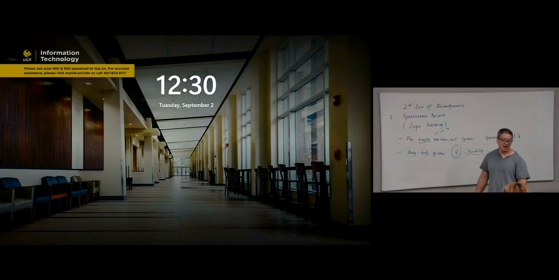So the idea is that there'll be more energy where there's more possibility? It depends. For this very specific example, yes. But for other systems, probably not the case.